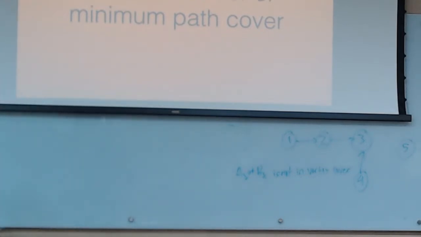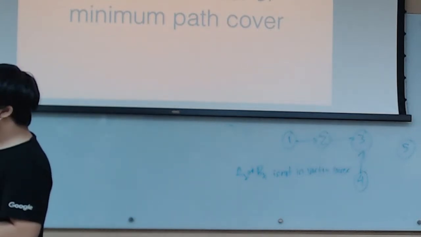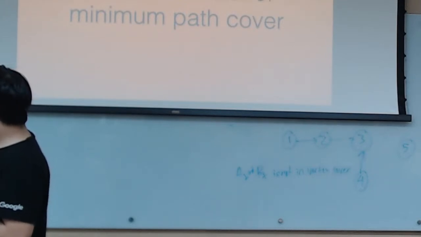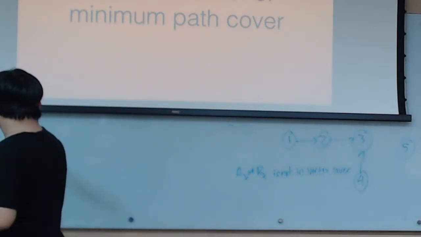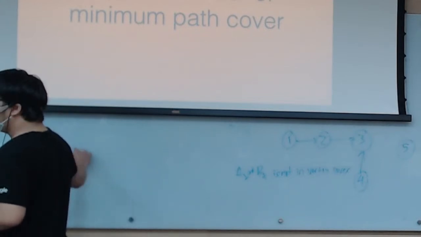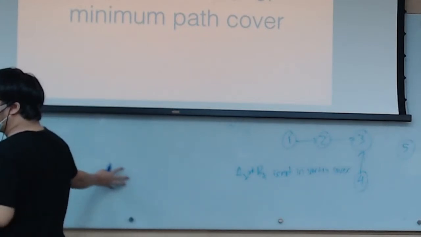Oh, okay, so we can say that we can choose any node that has out degree at least one to be the first in the path, right? So you choose a node that has an odd degree, and then you construct the graph on the rest.